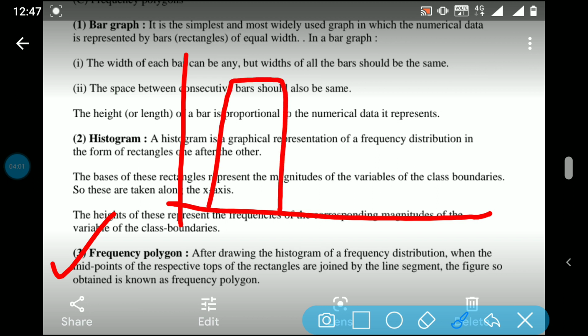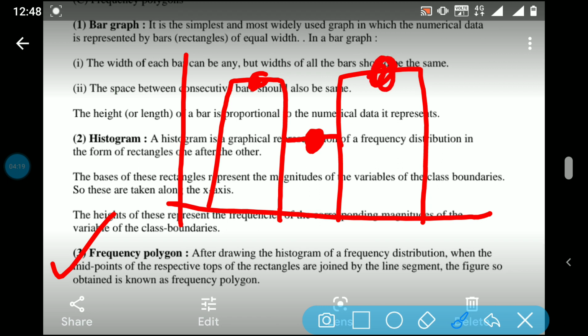Then the midpoints of the respective tops of these rectangles are joined. Suppose these three points A, B and C are connected to each other, and this is known as the frequency polygon. These are the points regarding the frequency polygon.